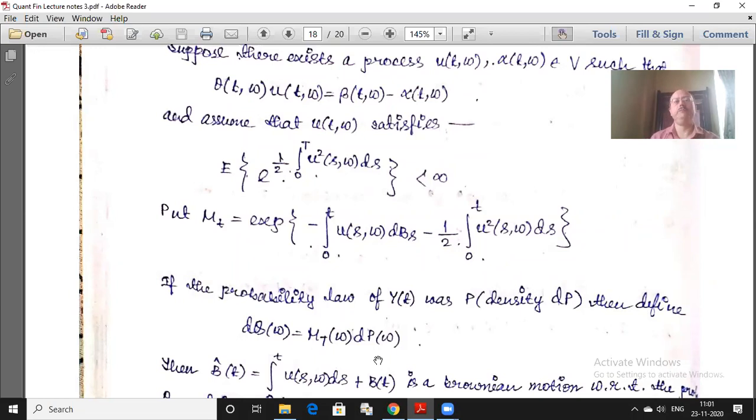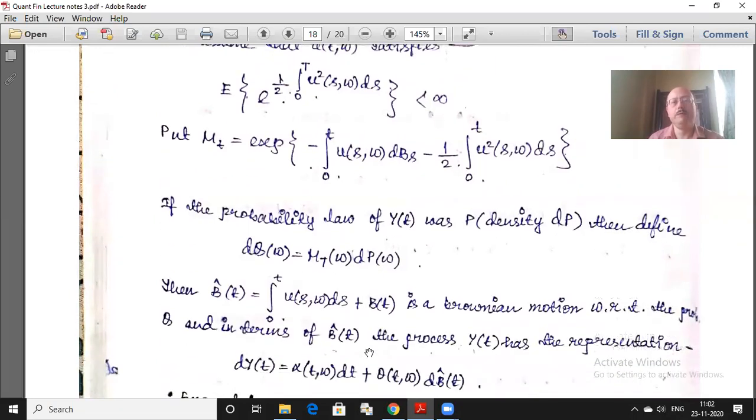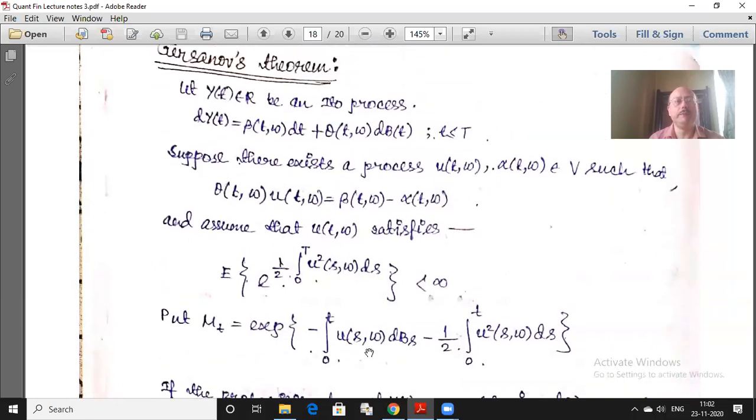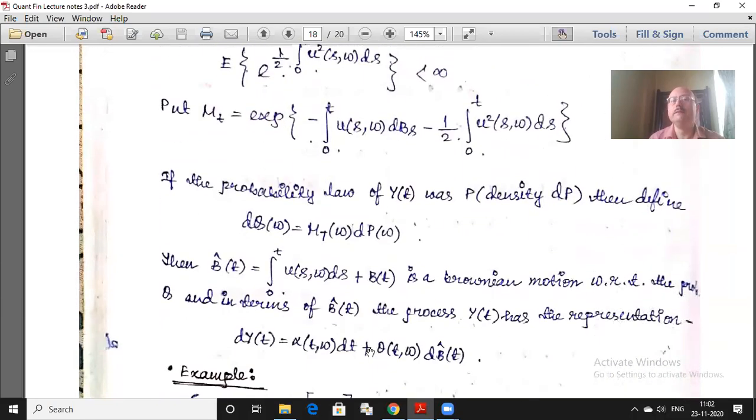MT we have written down here explicitly, and dP is coming from y, some probability law. So a new probability law is created, dQ as M into dP. And I think now you can see the connection with something that we have discussed earlier.